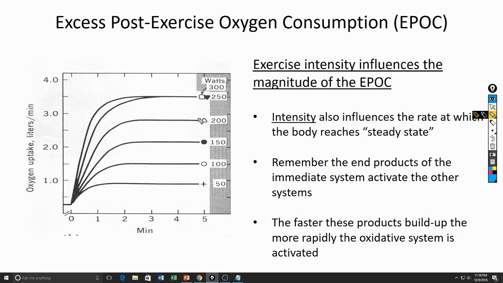They feed forward. So if I have a lot of immediate system and a lot of glycolytic activity happening, those will prime the oxidative system to work better. So the harder I work, essentially, the faster I'm going to hit steady state, to a certain extent.